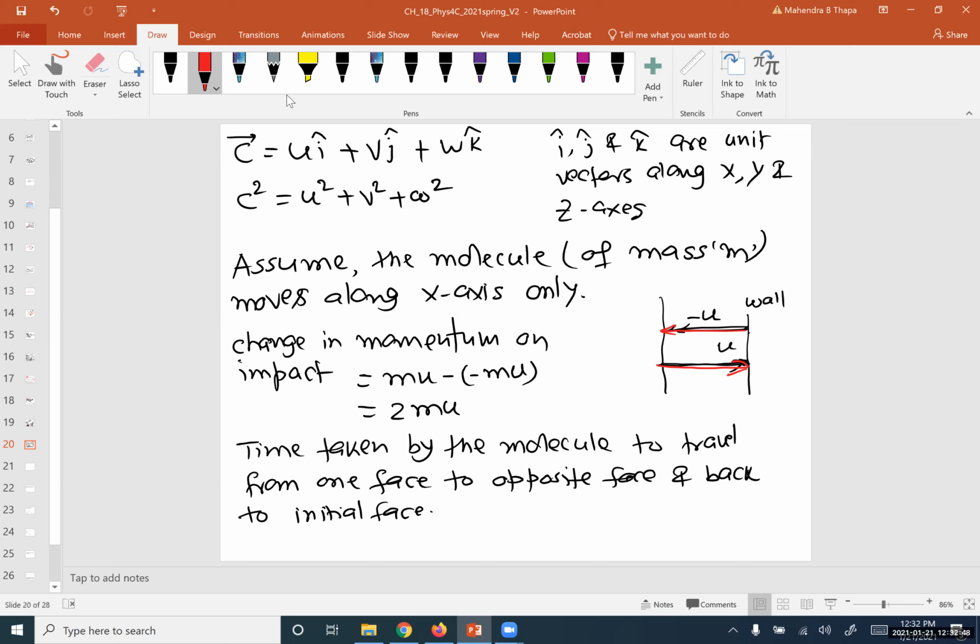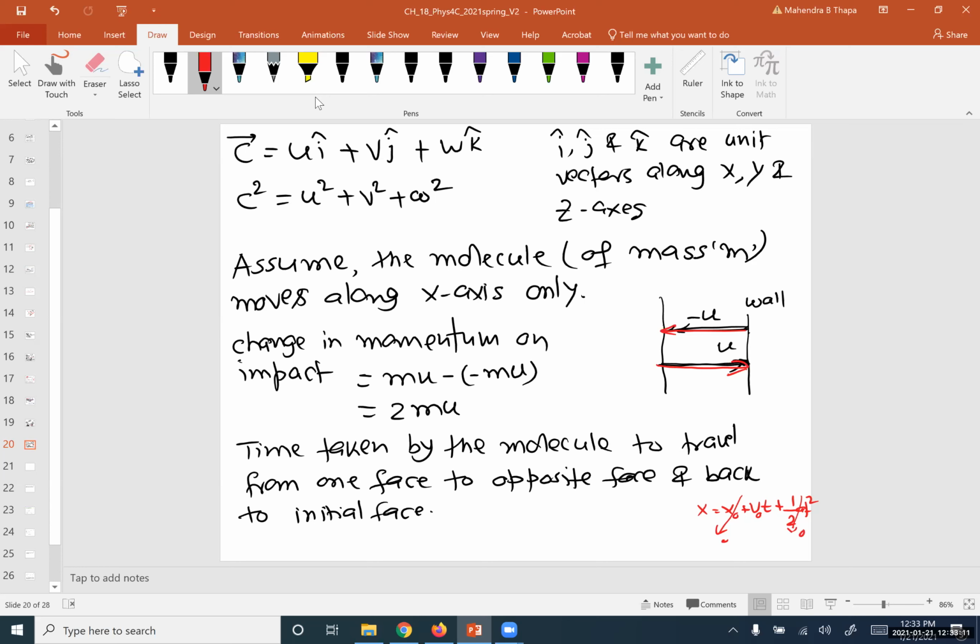Okay, so we can use the equation. If you remember, x equals x naught plus v naught times t plus half a t squared. Based on our coordinate system, x naught is 0. We don't have acceleration, so that term is 0.